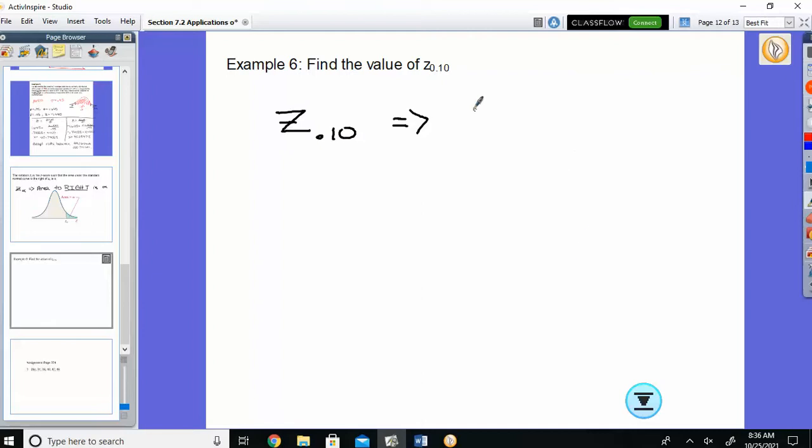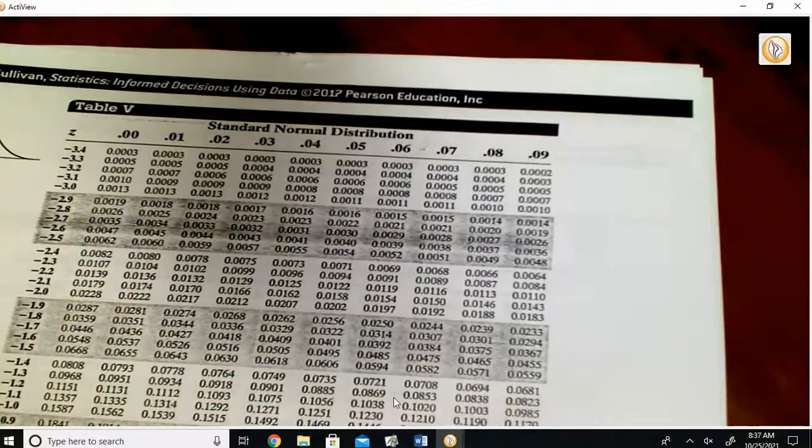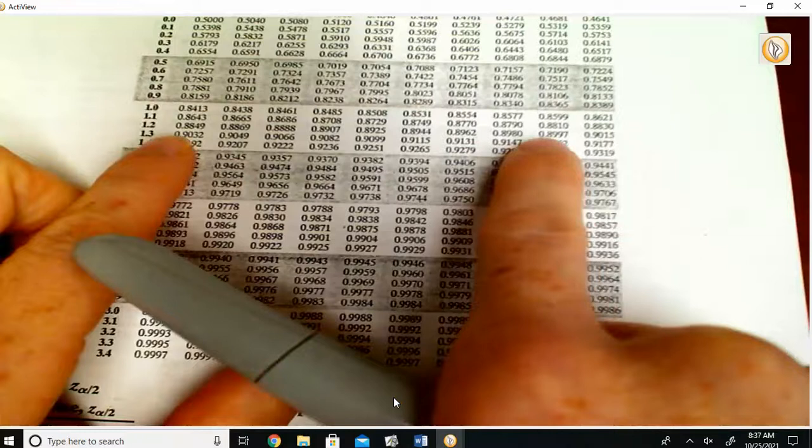So when I'm looking at my table, what probability am I going to look for? 0.9, because the table gives me the area to the left. So I am going to my table, and I'm trying to find 0.9 in here, as close as we can get.